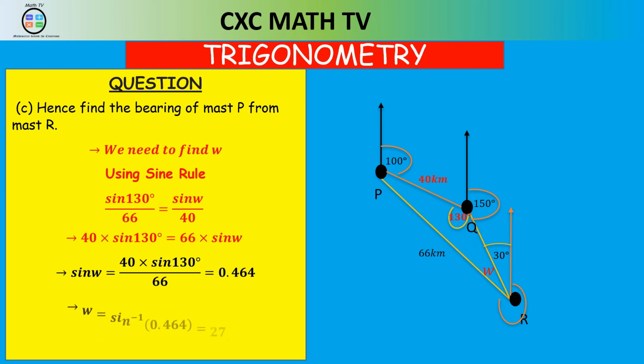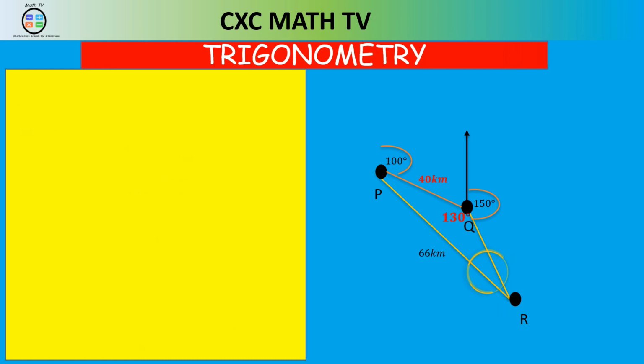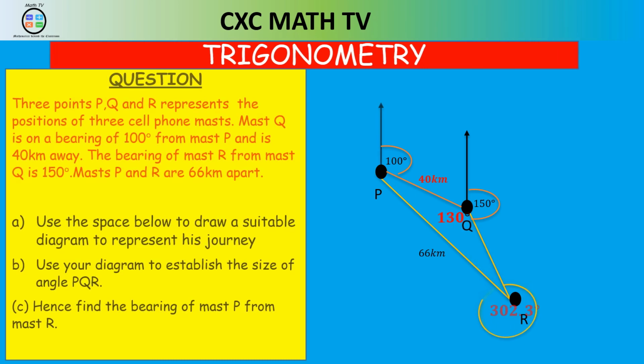So since we get that W is 27.7 degrees, we know that the bearing of P from R is going to be 360 minus 30 minus 27.7 degrees, which is 302.3 degrees. Why is that so? Because we said that angles at the point R sum to 360 degrees.